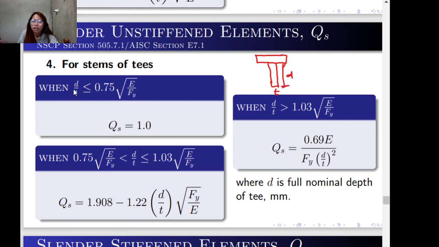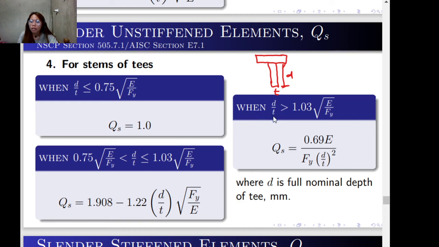When d over t is less than or equal to 0.75 square root of E over Fy, use Q sub s equal to 1.0. If d over t is greater than 0.75 square root of E over Fy but less than or equal to 1.03 square root of E over Fy, use this value for Q sub s. Formula for Q sub s.